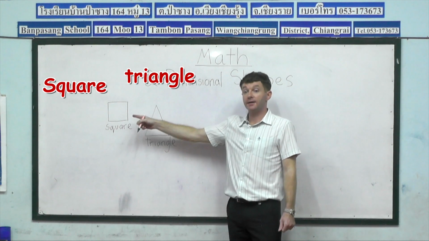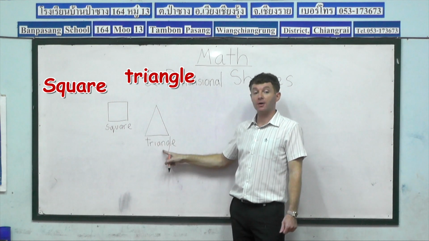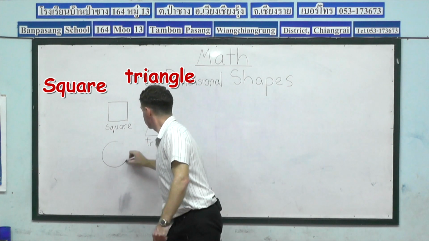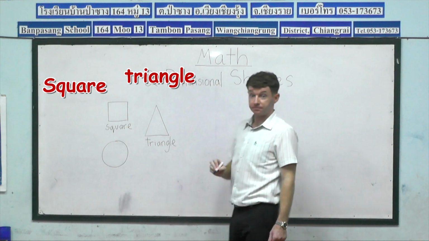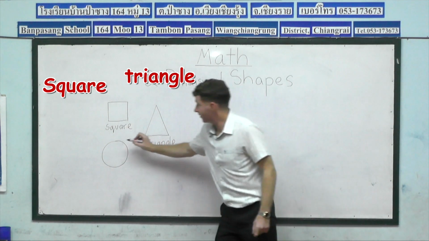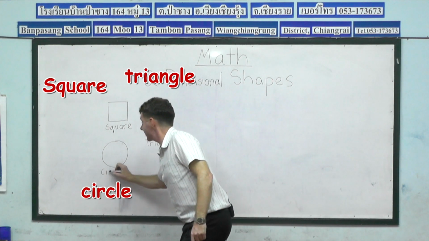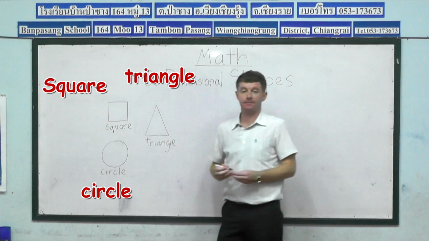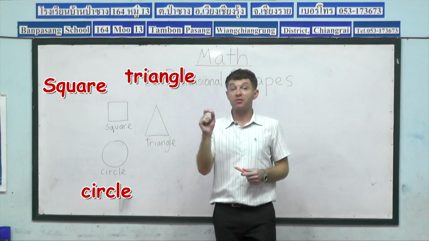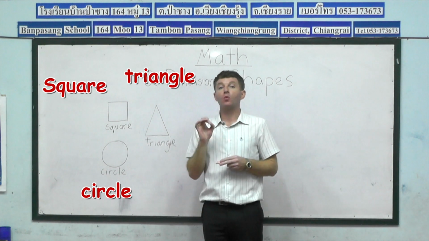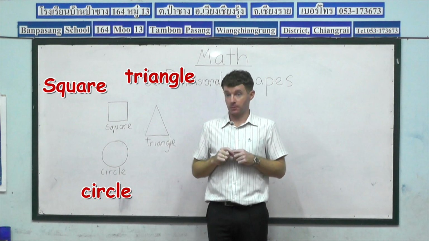Excellent. Square. Triangle. And how about this shape? Circle. Circle has 1 side. C-I-R-C-L-E.